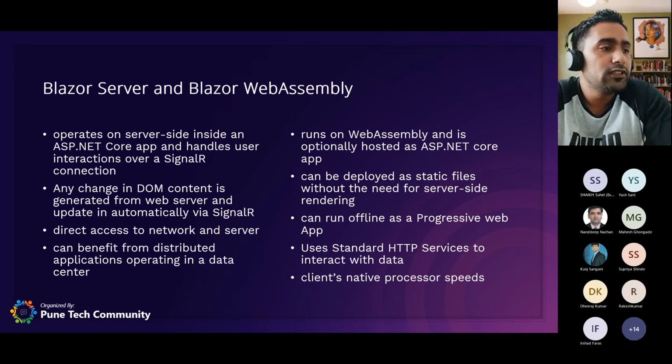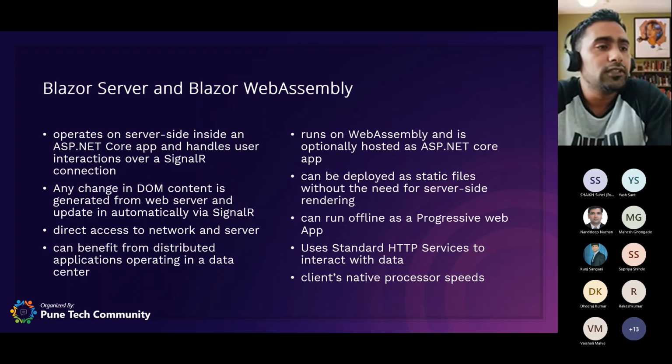In Blazor Server, any change in the DOM content is generated on the server, and it gets automatically updated via SignalR. With WebAssembly, you can even develop a progressive web app. The advantage of Blazor Server is that you have better accessibility, or you can easily access the network and server.